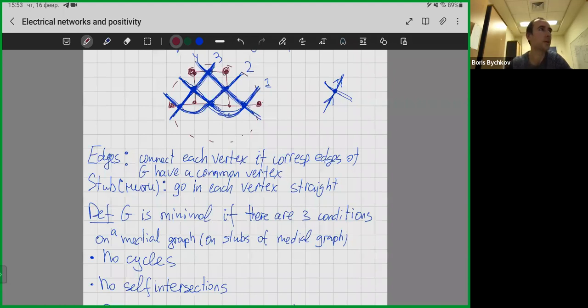For non-planar, there may be some self-intersection that is not a cycle.